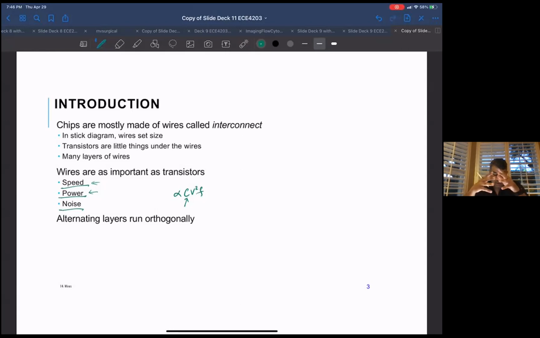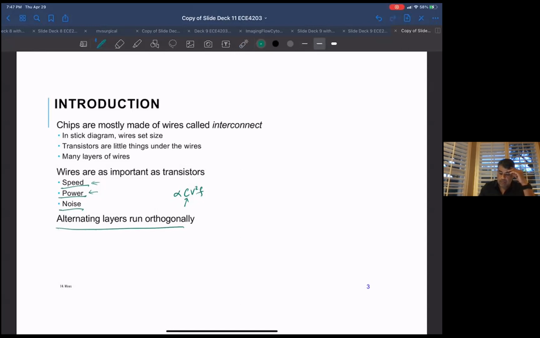That means you're going to get a lot of crosstalk. Now, I think we talked about this before, but to keep some control over how you route signals, it is strongly suggested, though not strictly required, to make the alternating layers run perpendicular to each other.